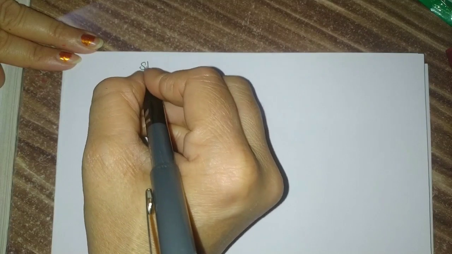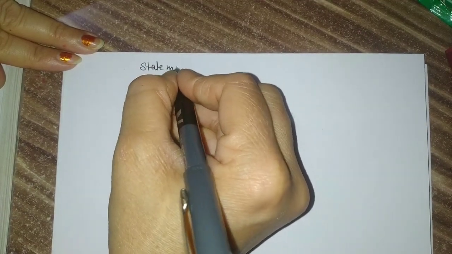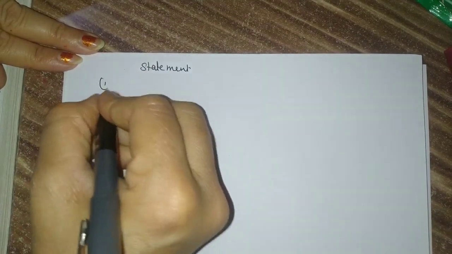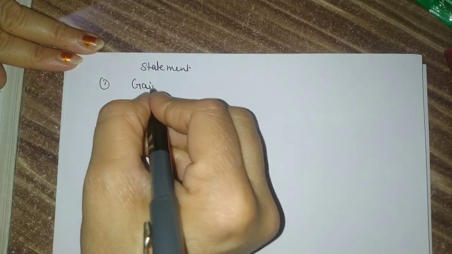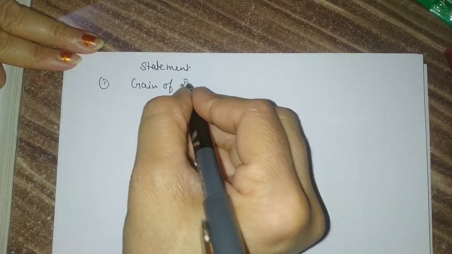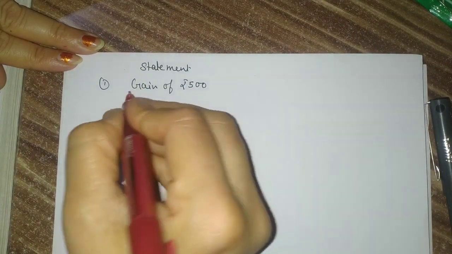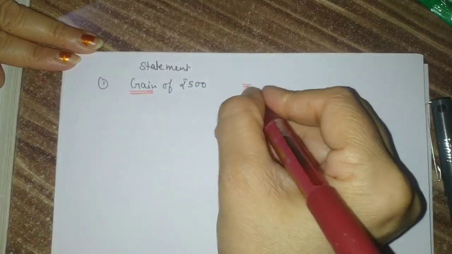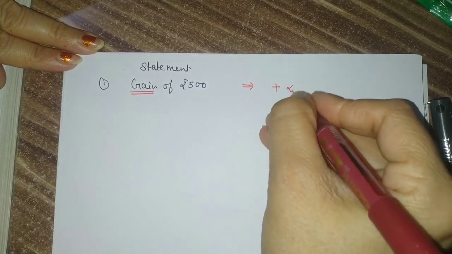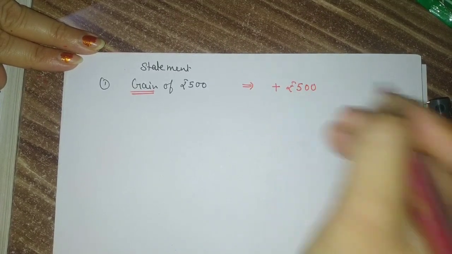Now students, on the basis of the above discussion, I am going to write numbers as positive or negative according to the given statement. The first they have given: gain of rupees 500. How to write this number? We know gain is a positive term, so we will write plus rupees 500.